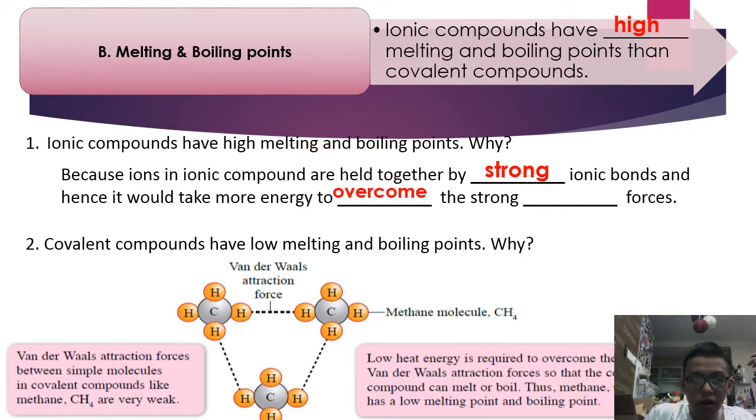But covalent compounds have low melting and boiling points. Why? Here you can explain by using the van der Waals force, which is very weak between covalent compound molecules. So less energy is required to overcome the weak van der Waals force.